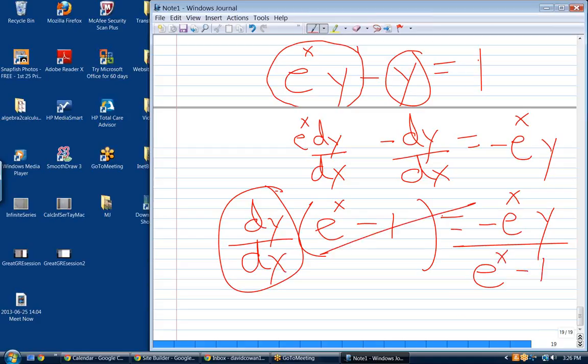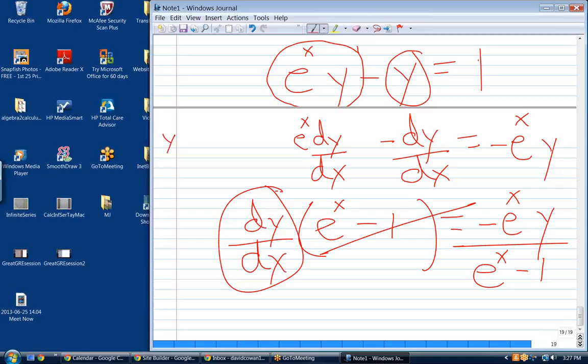Okay, awesome. And then the second part of the problem says, compare your answer with the result obtained by first solving for y as a function of x and then taking the derivative. To solve y as a function of x, I'm going to factor out a y.